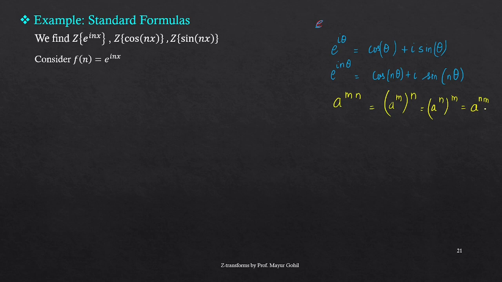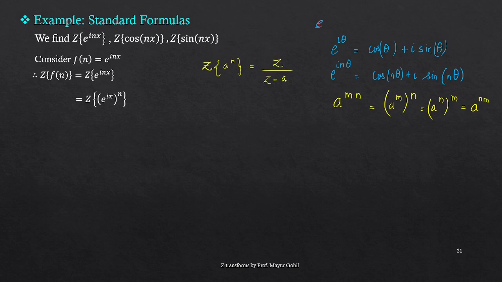And so now we have this e to the power i n x. So this e to the power i n x, with this rule we will be able to see this here. We apply z transform on the function, that is correct. But now we see this e to the power i n x as e to the power i x whole raised to n. We have already found the formula of z transform of a raised to n, that is z over z minus a, right? That is the formula we have found.